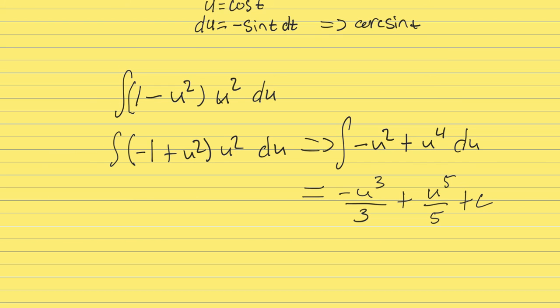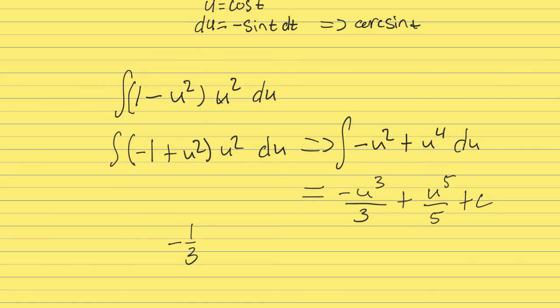So what we do for that is we take our answer that we have in terms of u and convert it back into what we originally had in terms of x. So we need to change our u, then we need to change our t. I'm just going to do it all at once. I'm pulling out the negative 1/3 and then 1/5 out of both fractions to make my final answer a little cleaner.